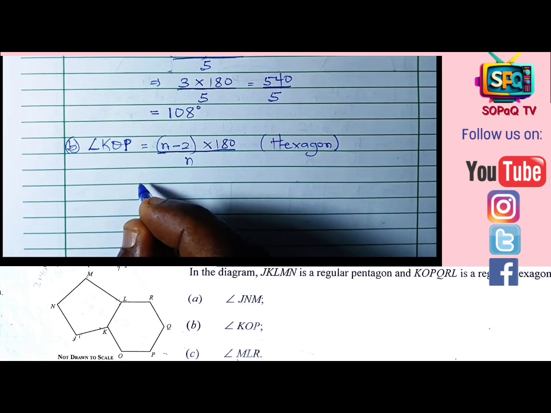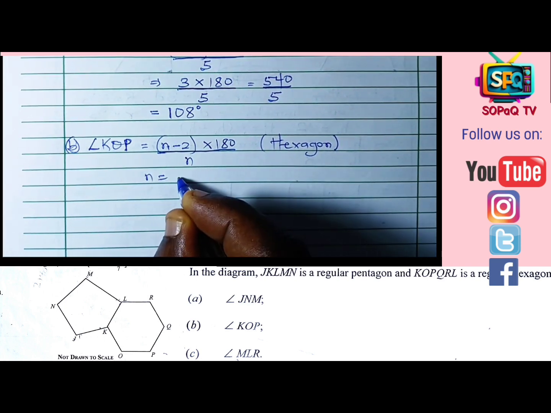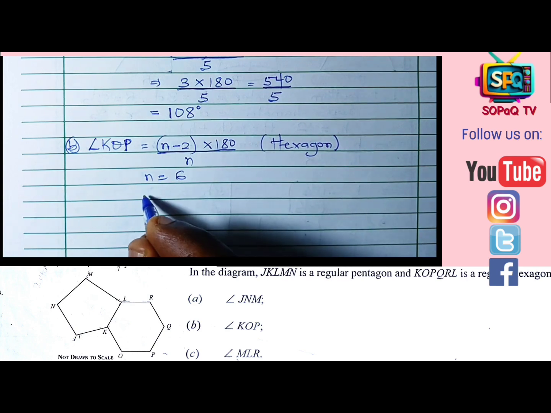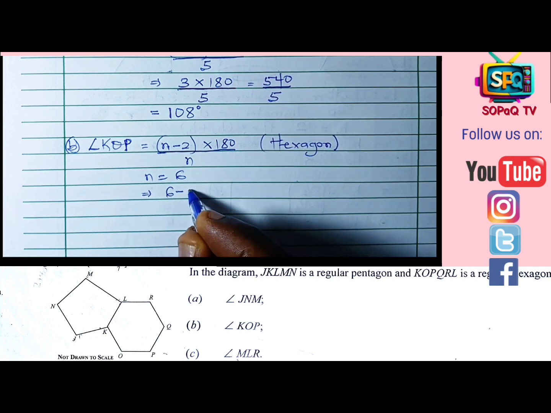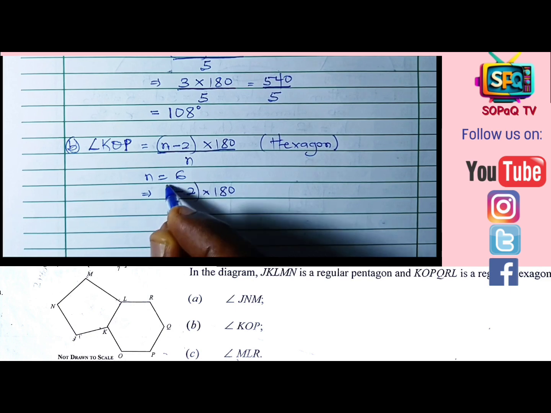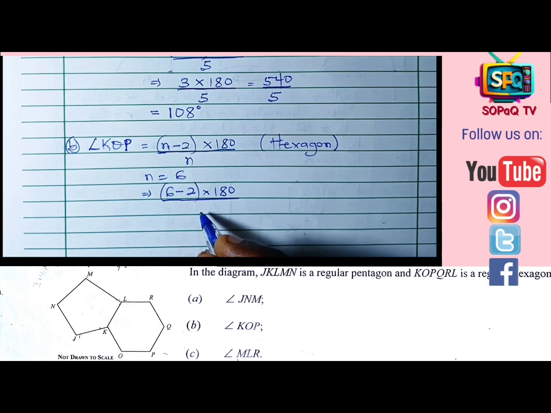Thereby, the number of sides n is 6, which means our 6 minus 2 will multiply 180 all on 6.